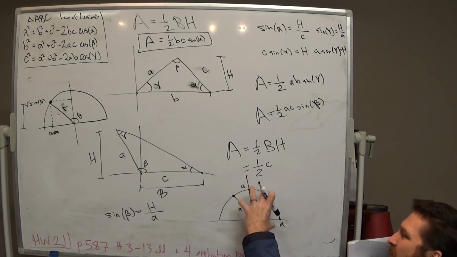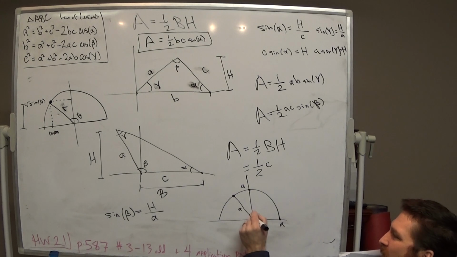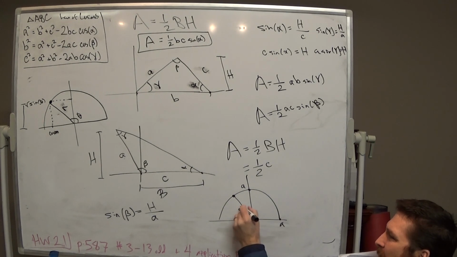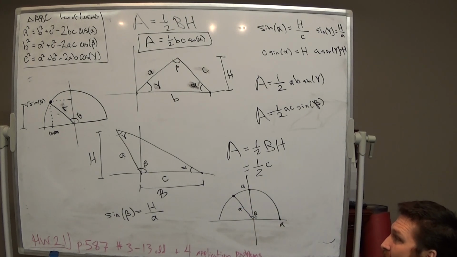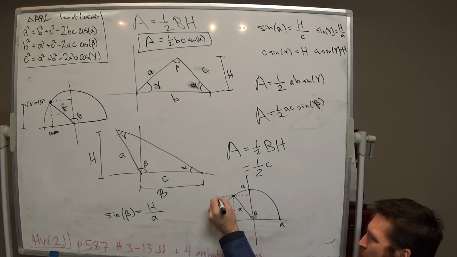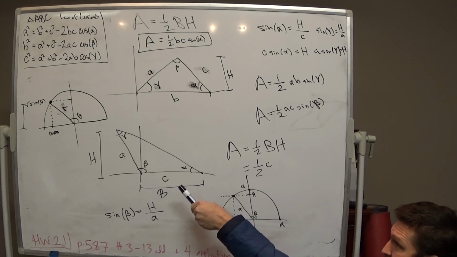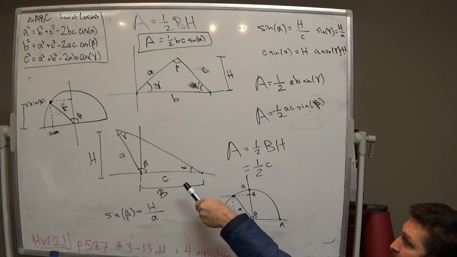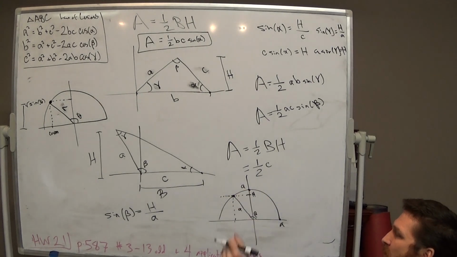Well, if I shrank this thing down, I would need to divide this by A, right? So divide everybody through by A. And so if you have this coordinate, whatever it is here, there's your height. That's the h that we're looking for.